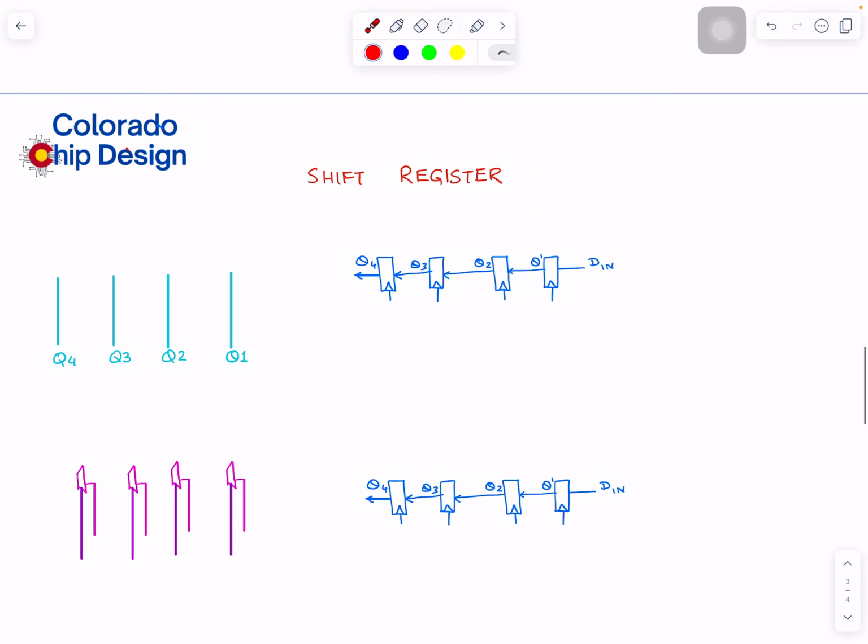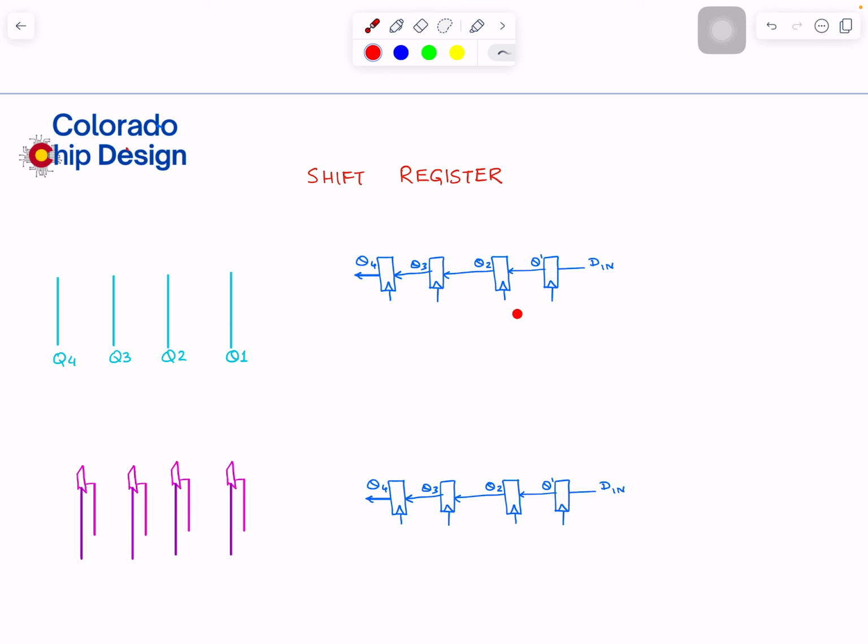Shift register. If you remember, during the ALU, when we were talking about multiplication, you can watch those videos, we have to shift the values from here to here. There was an algorithm that if the most significant bit is this, then you shift them.